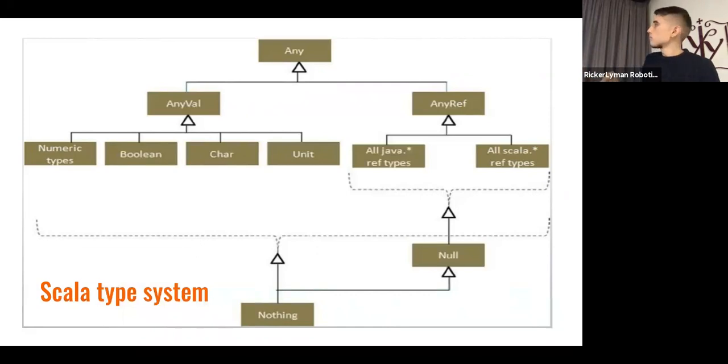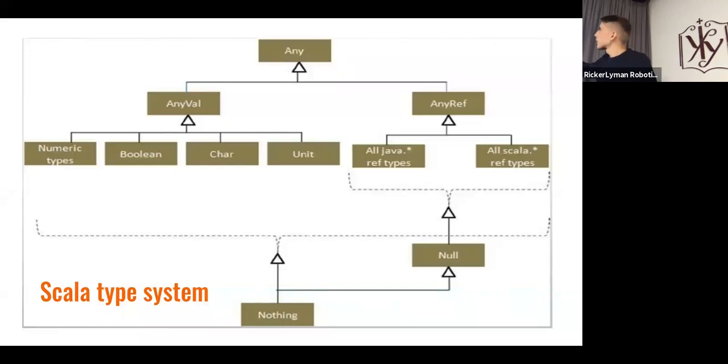And there are two interesting types which lie at the very bottom of the type system. Null is basically the type which extends every other reference type. So whenever there is a place with a specific reference type, you can put null instead, and it will work.